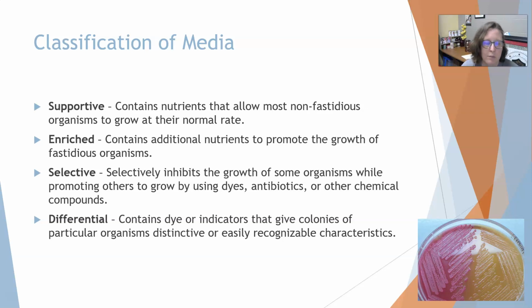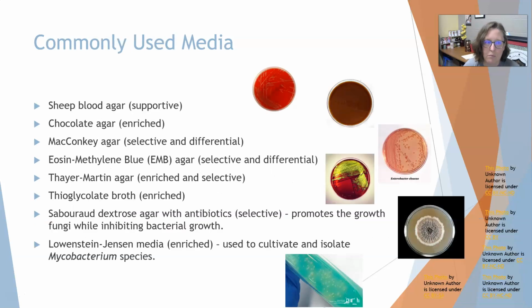So it would be bright pink, or it will be black, or it will be dark purple, or it's something that stands out, that when you look at the plate, you can say, oh, I know what that is because of the color, the change. And then the other organisms that don't do that reaction, maybe they're just pale in color or just white or something. So you can really see the difference between the two organisms and easily identify them.